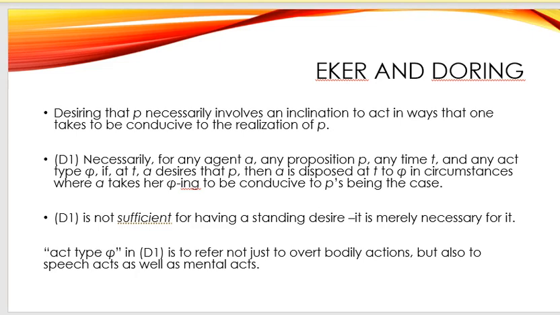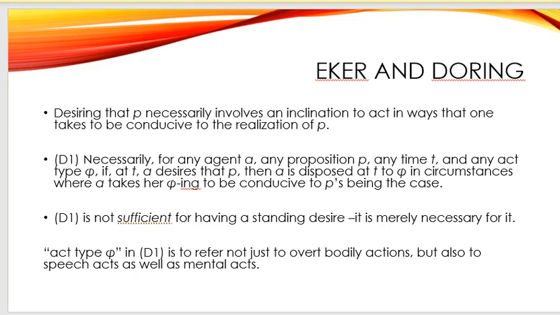So let me read it this way. If at 1 o'clock I have a desire for a cup of coffee, then I'm disposed at 1 o'clock to pick up my wallet and walk over to the coffee shop. And why? Because I take getting my wallet and walking to the coffee shop to be conducive to getting the cup of coffee. So D1 is one of the necessary conditions for having a desire, they think.